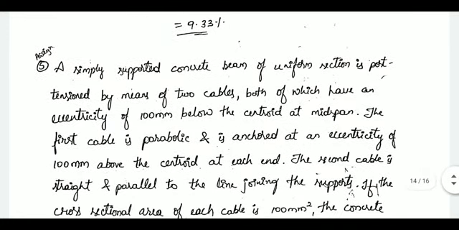A simply supported concrete beam of a uniform section is post tensioned by means of two cables, both of which have an eccentricity of 100 mm below the centroid at midspan. The first cable is parabolic and is anchored at an eccentricity of 100 mm above the centroid at each end. The second cable is straight and parallel to the line joining the supports.